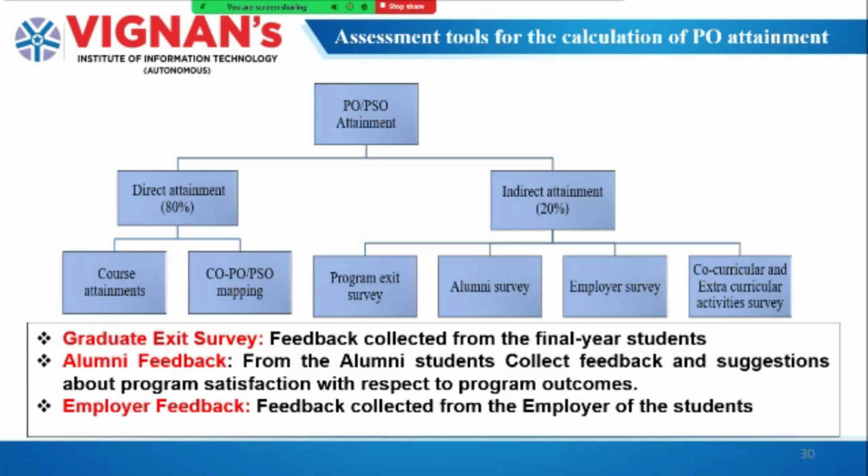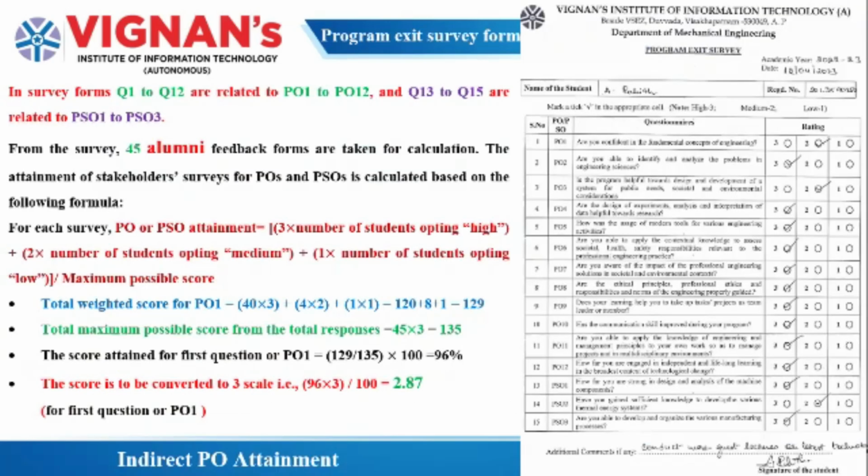And regarding alumni feedback, during the alumni visits or during the college visits, we'll take from the alumni students. So the calculation is also similar to the PO indirect attainment.